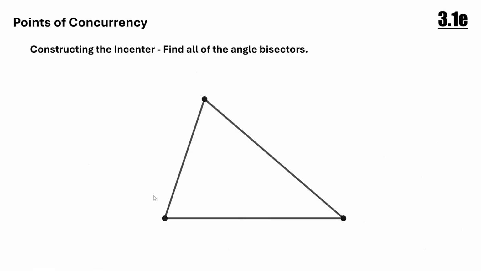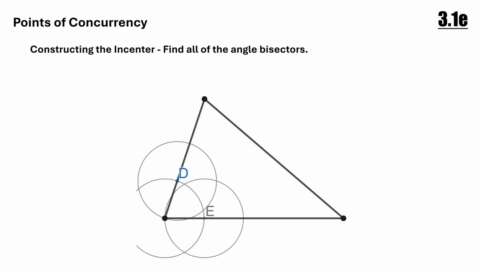The third construction will be the incenter. The incenter will be the intersection of all angle bisectors. To find the angle bisector, draw arcs or circles. Then use the arcs to create new arcs that have the same length as the distance of the intersection of the arc to the vertex. Then draw a ray from a vertex to the intersections of two new arcs.